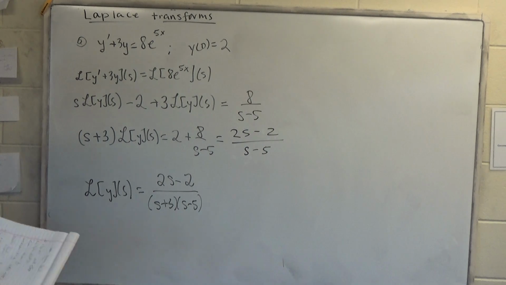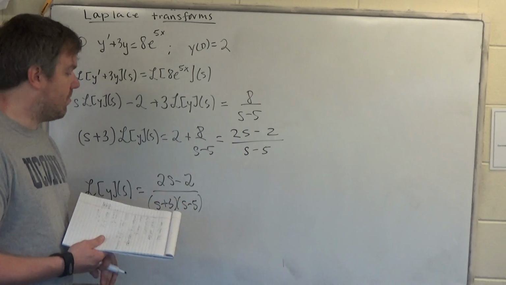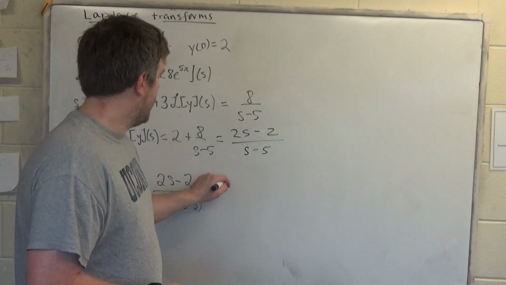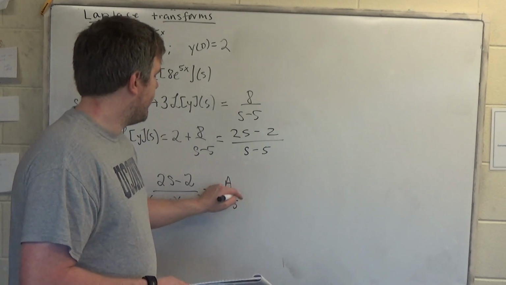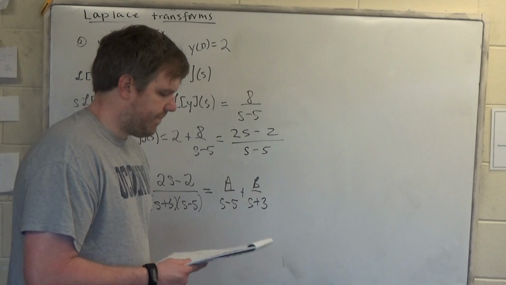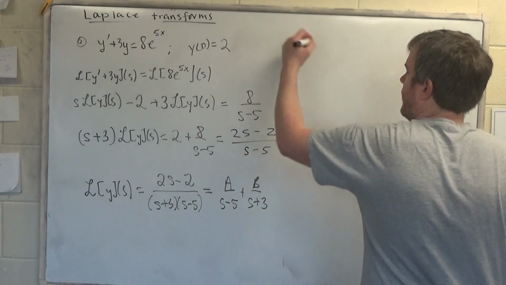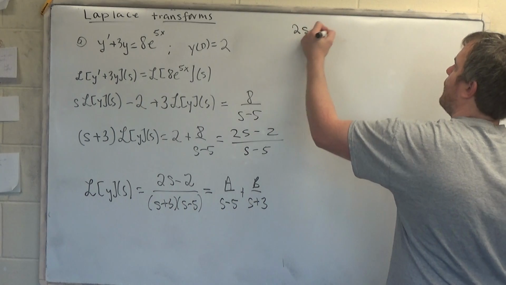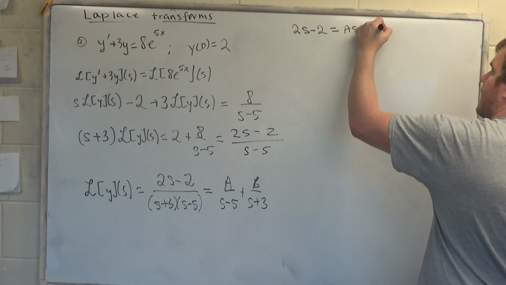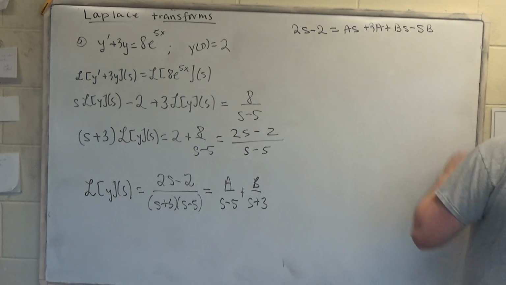And now what we're going to do is partial fractions this thing apart and use our chart to go backward to find y. So this should be a over s minus 5 plus b over s plus 3. And we're going to get 2s minus 2 should be as plus 3a plus bs minus 5b.